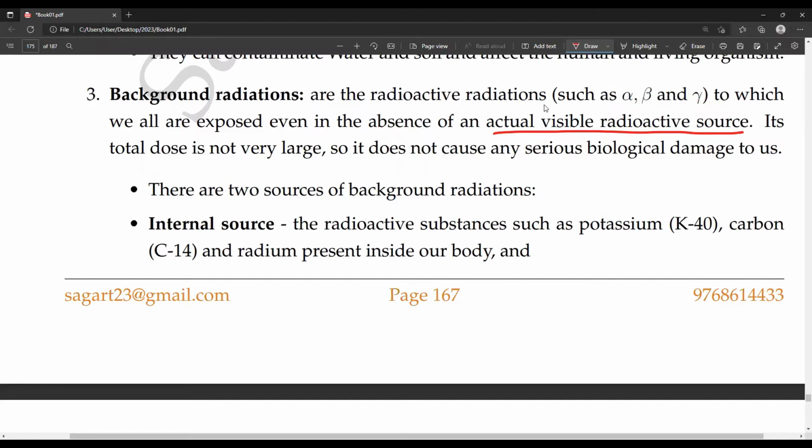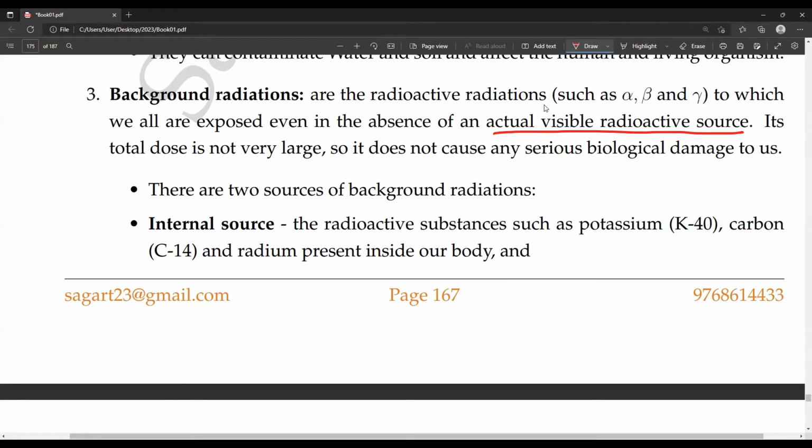If you search on the internet for K40, potassium-40, this is a component of sand mostly, and depending upon which part of India you are in, the sand content of K40 can be more or less. Now this sand is used to build houses, the cement mixture and all that. So some portion of K40 is there in our walls, and it is radiating. But that is so small that it does not cause any serious biological damage.